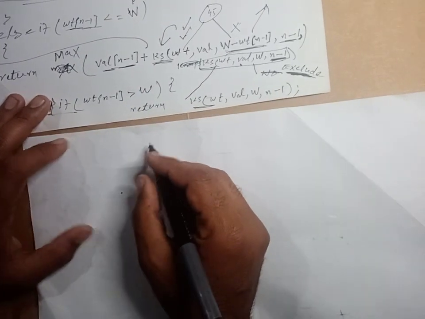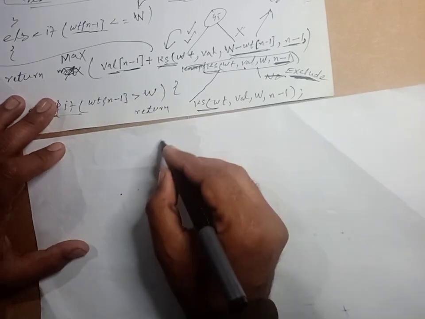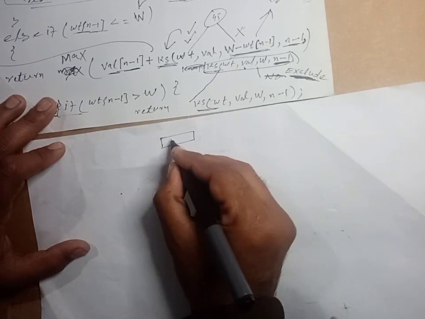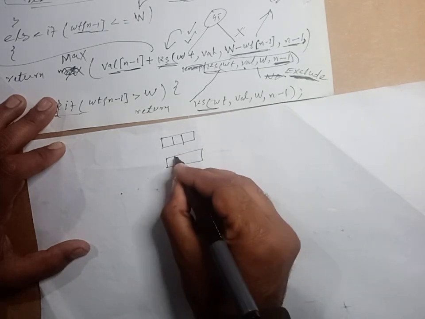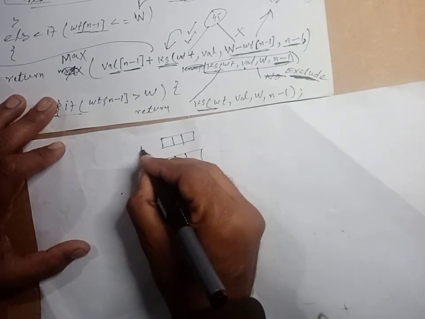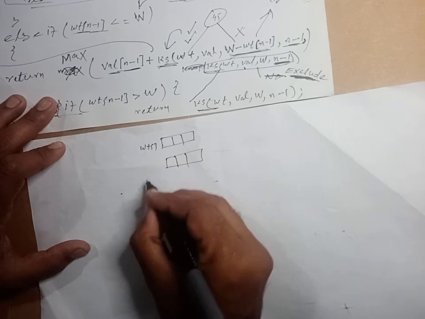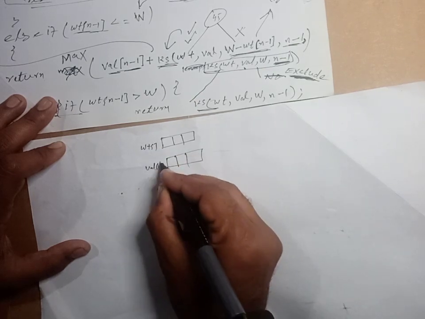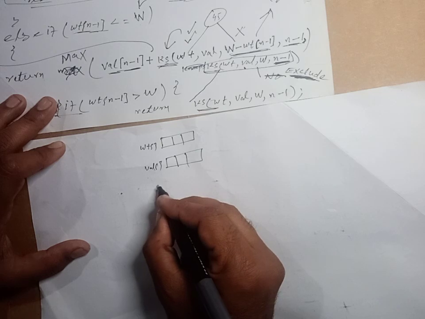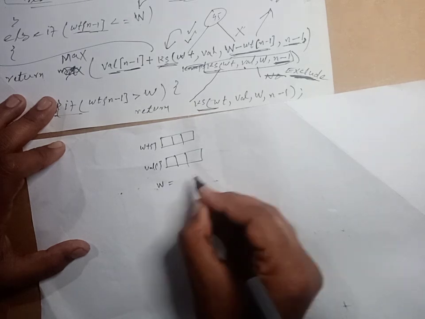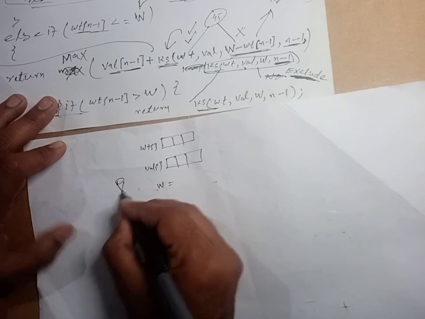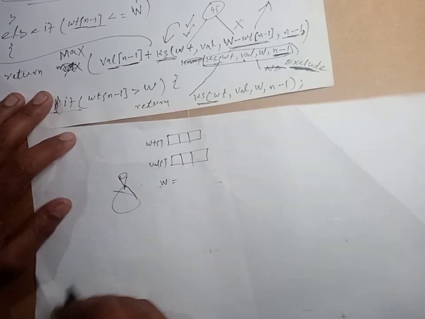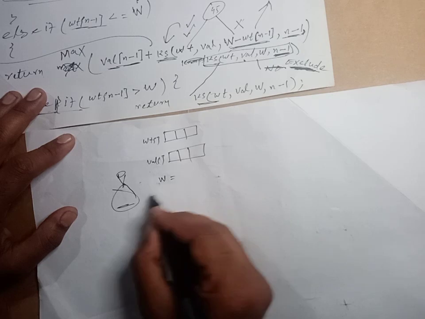So for example, this is the weight and this is the value. This is the WT array, this is the value array, and the total weight of this bag is 4.